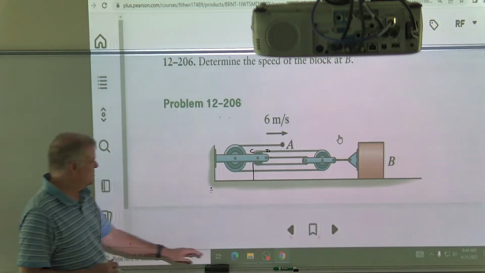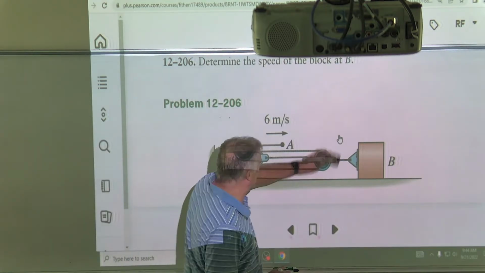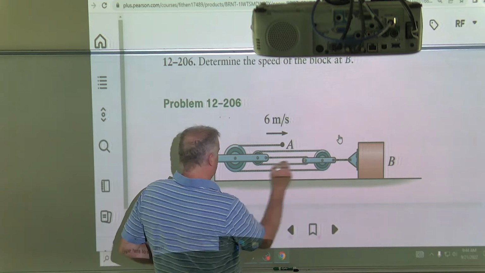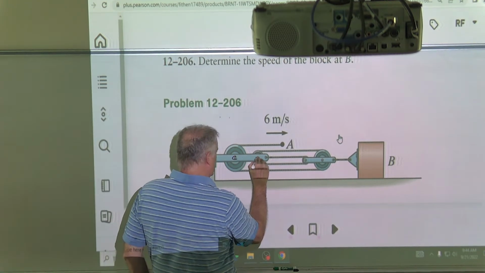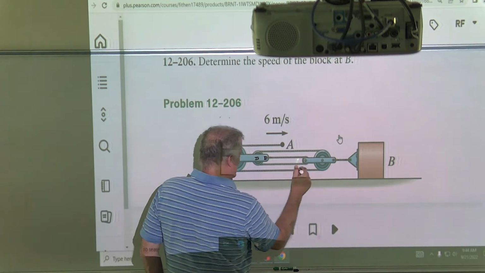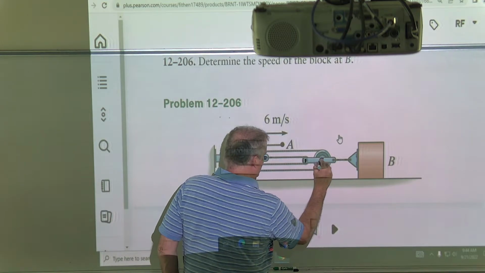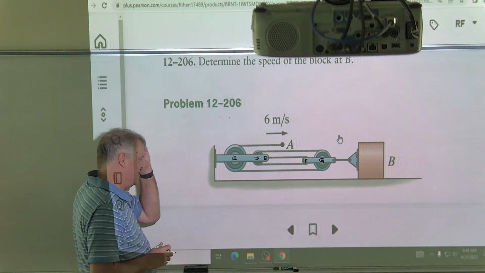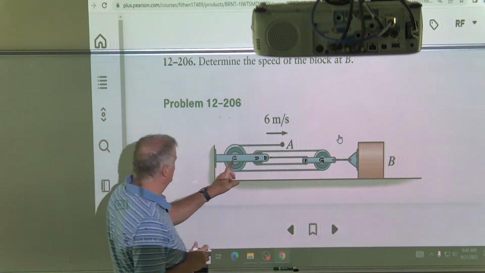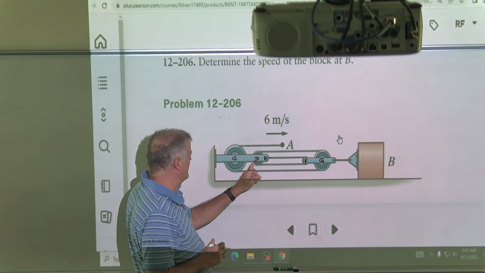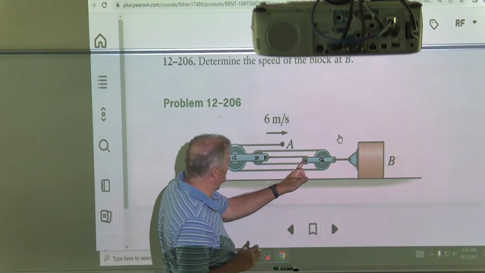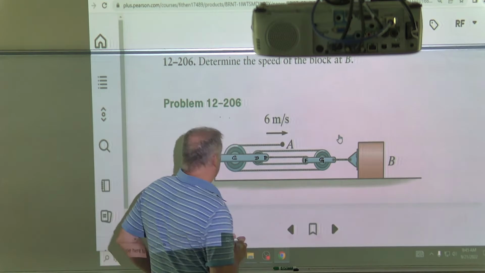So I'm gonna identify all of these locations. He's already said A, he's already said B. So I'm gonna use C, I'm gonna use D, I'm gonna use E, I'm gonna use F, I'm gonna use G. Now, you don't need to do all those, but here's one of the things you know. The distance C and D remains fixed. D and E remains fixed. And F and G remains fixed.